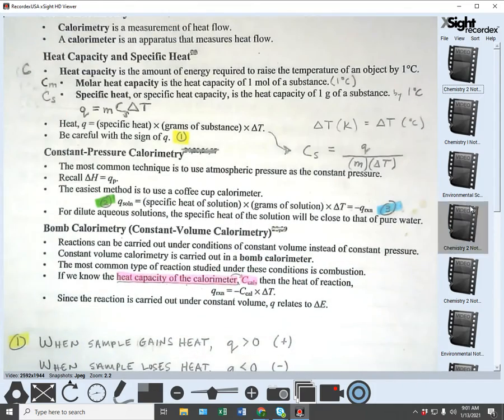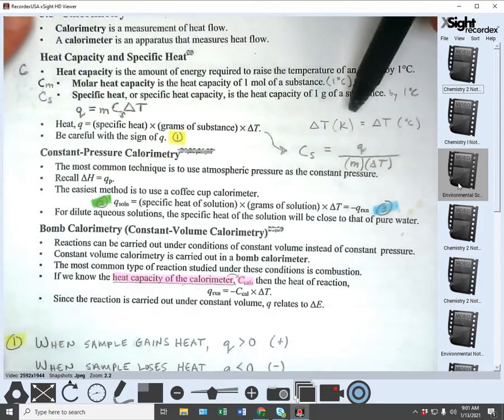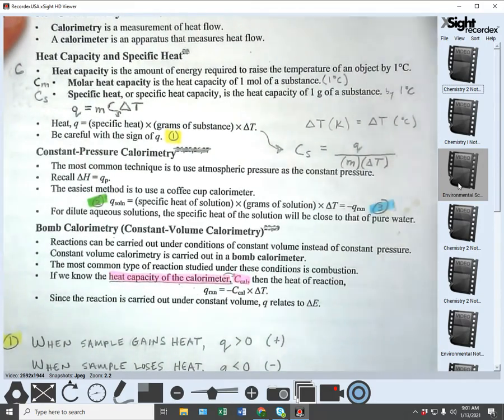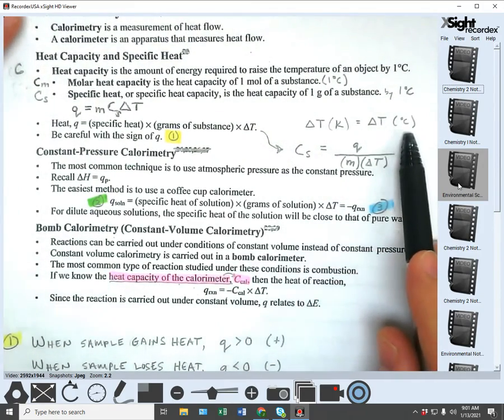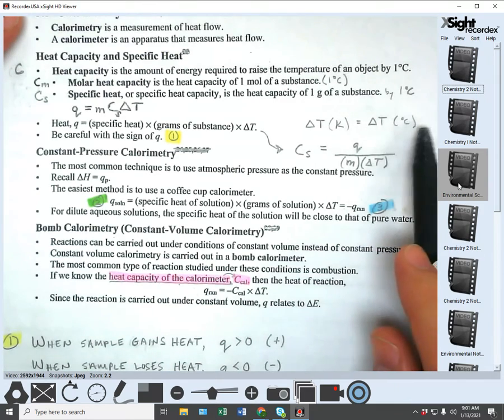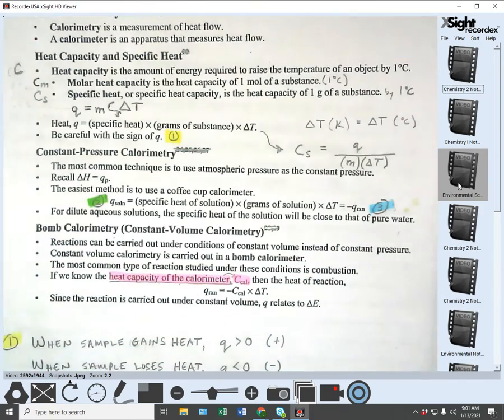Okay. Now, one thing to know is that for your delta T, your change in temperature, Kelvins and degrees Celsius are interchangeable. You don't have to do anything to convert because it's a change in temperature. The amount that 1 Kelvin represents is equal to 1 degree Celsius.